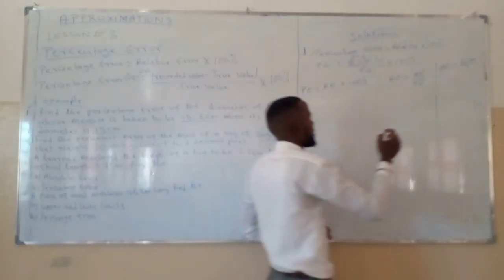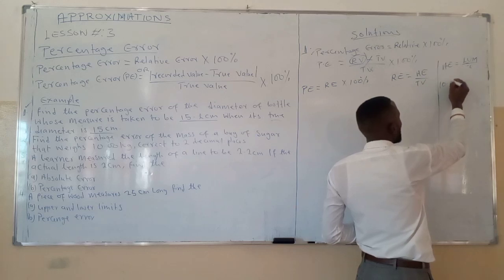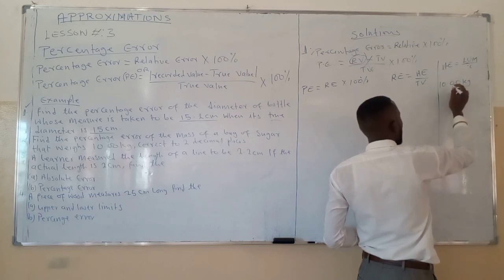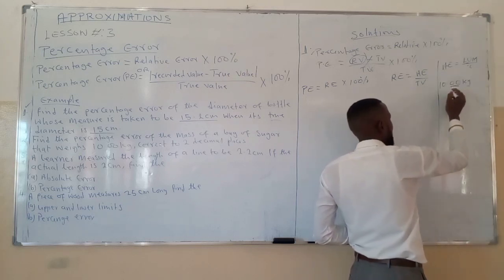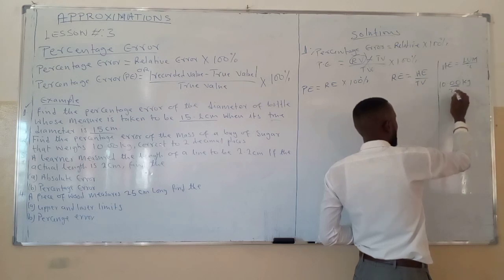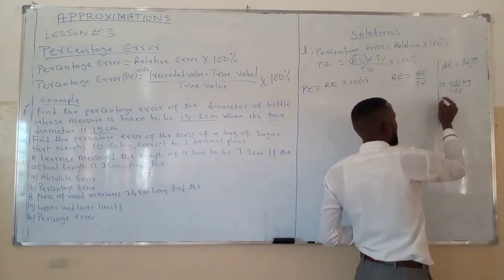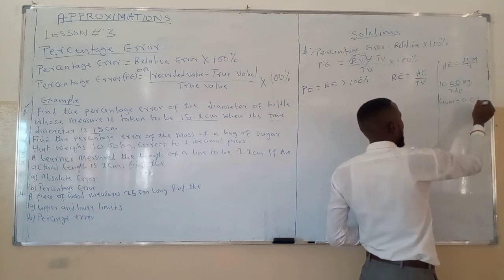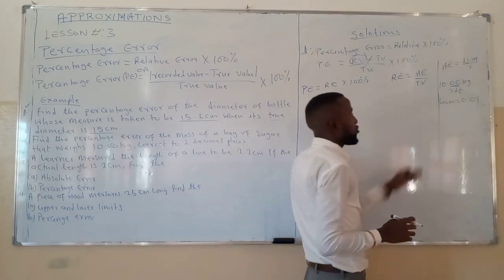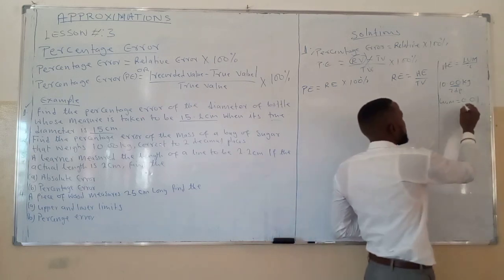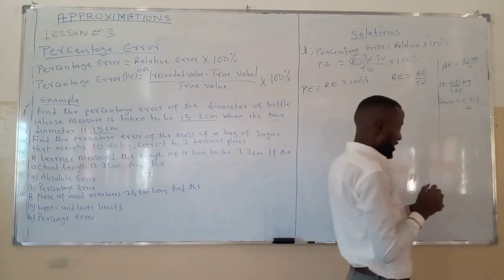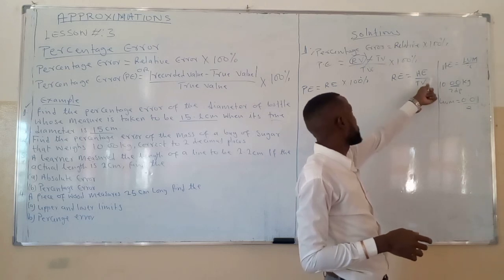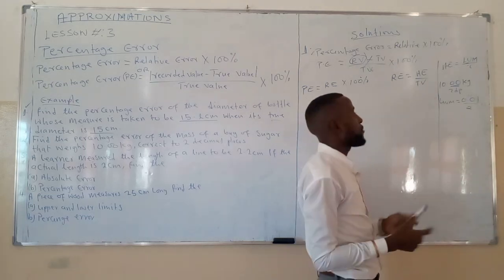We look at the value they have given us, 10.00 kg. How many decimal places does it have? It has 2 decimal places. So LUM for this one is going to be 0.01, because it has 2 decimal places. Since I found my LUM, all I need to do is divide by 2. When I divide by 2, I have found my absolute error, and I divide by the true value, then I have my relative error, and I multiply by 100.